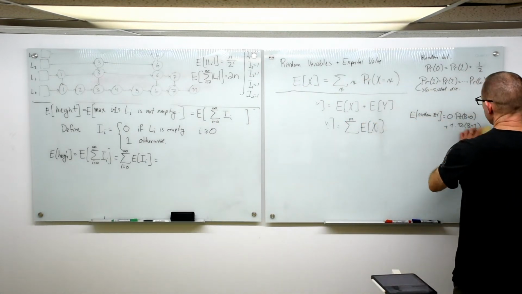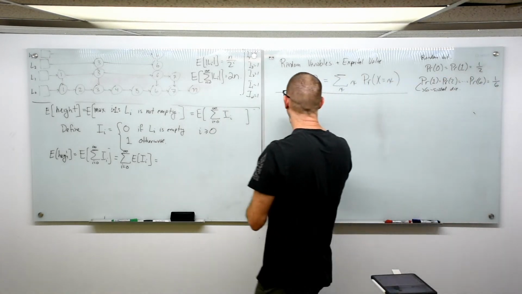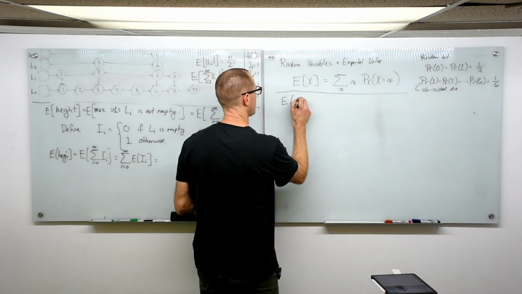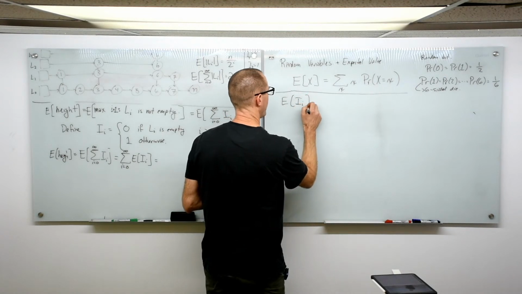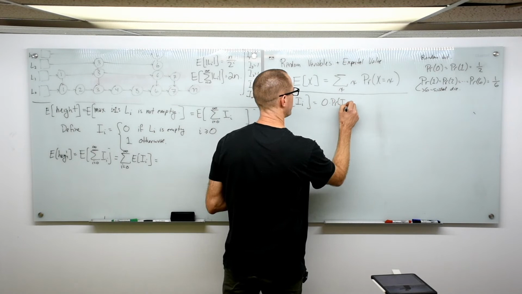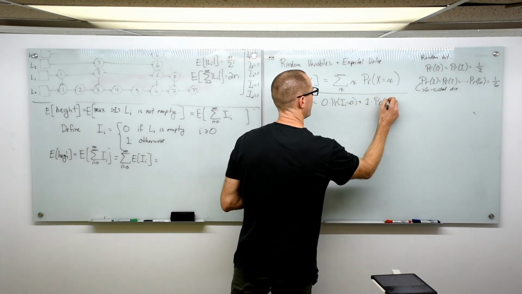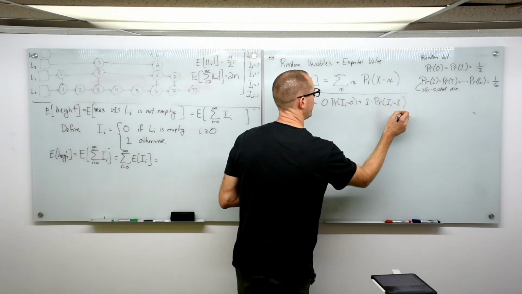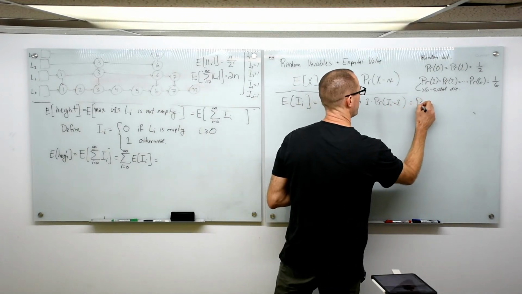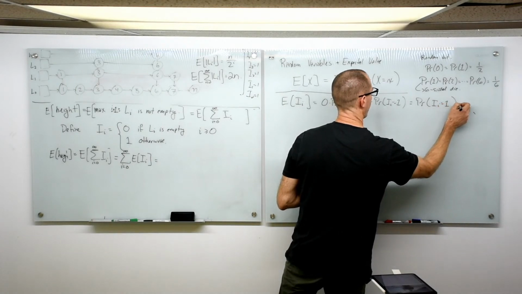So when is I_i, let's just start it and see when we get stuck. The expected value of I_i, well, that we know is 0 times the probability that it's equal to 0 plus 1 times the probability that it's equal to 1. That just becomes the probability that I_i is equal to 1.